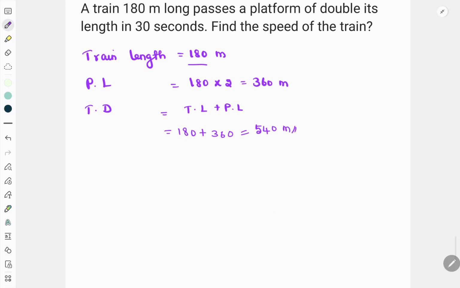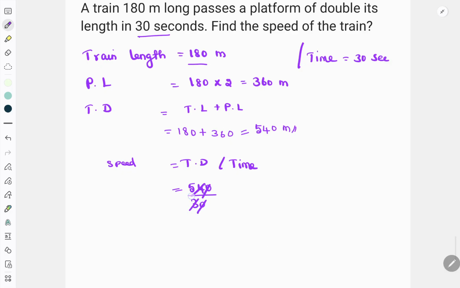So next, speed equal to total distance divided by time. So total distance is 540 divided by time is 30 seconds. So cut this. We get 1 3 is 3, 8 3s are 24, 18 meter per second.